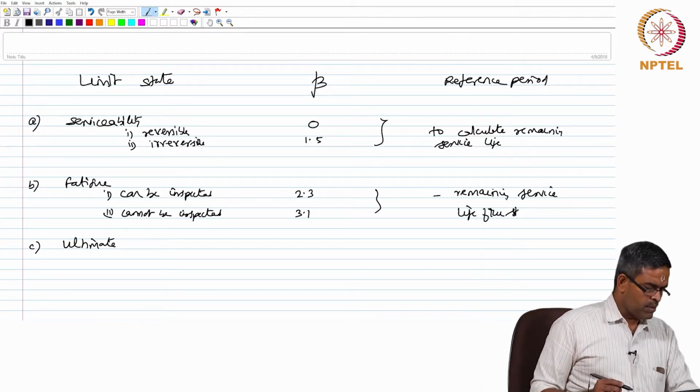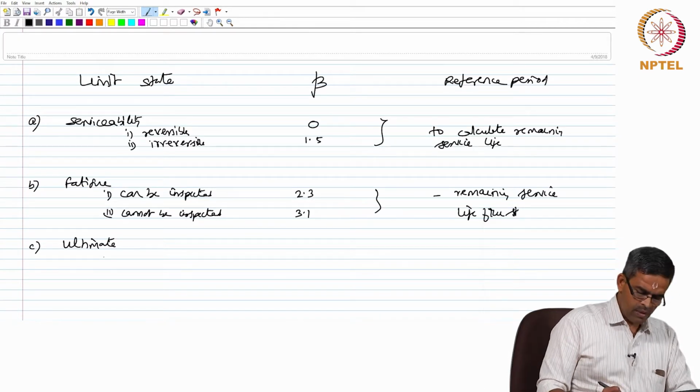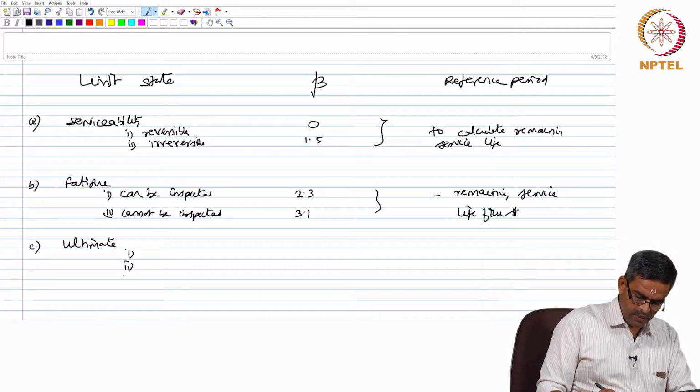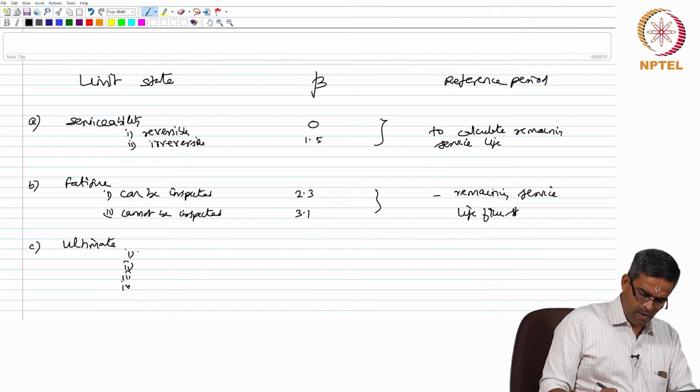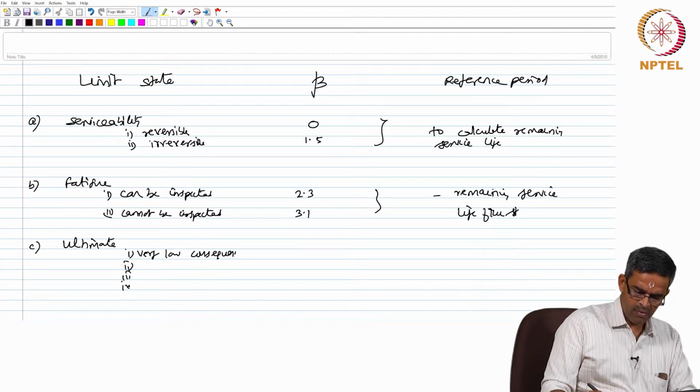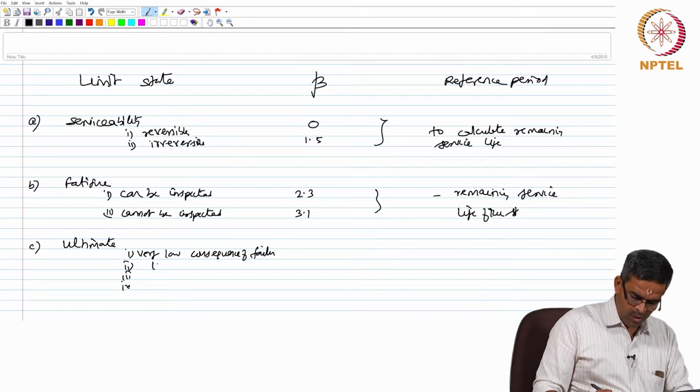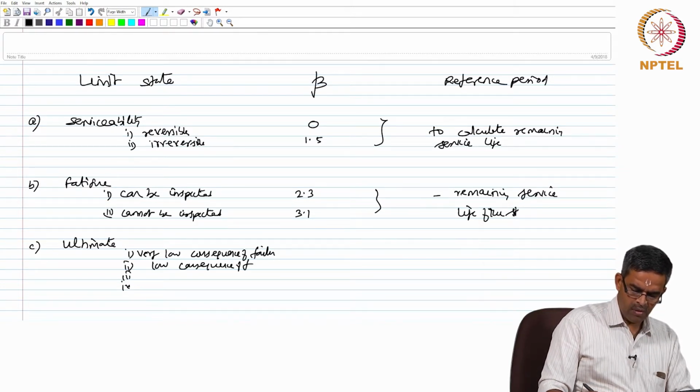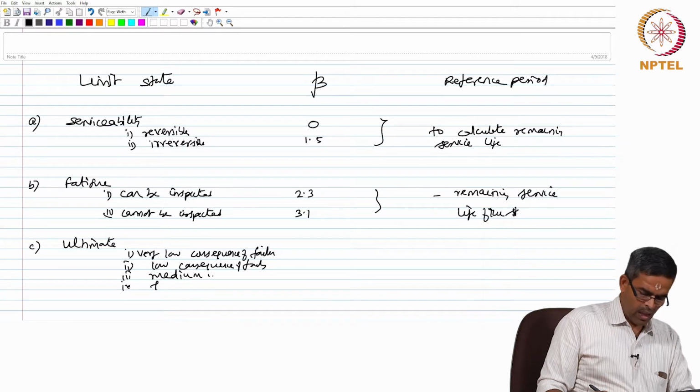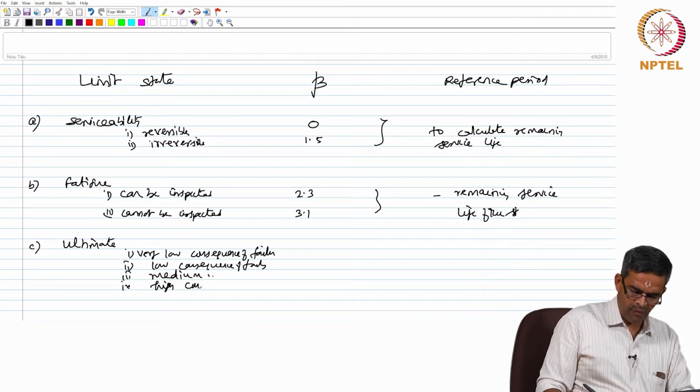For ultimate limit state, there are 4 categories: very low consequence of failure, low consequence of failure, medium consequence of failure, and high consequence of failure.